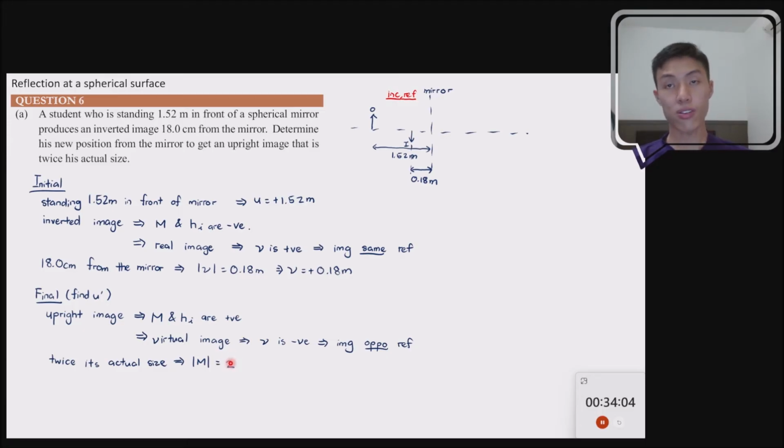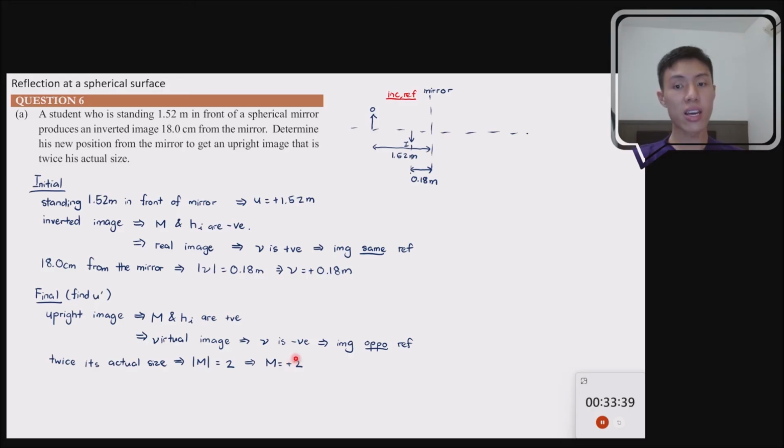Okay, because the image is twice the size of the object. But I put modulus M because I don't know the sign of the magnification yet. If I look upwards, I see that for the final situation, because it's upright, M is positive, right? So I can break open my modulus and say that M is actually equal to positive 2. Every time I check my sign, if I know my sign, I write down the sign, whether it's positive or negative.